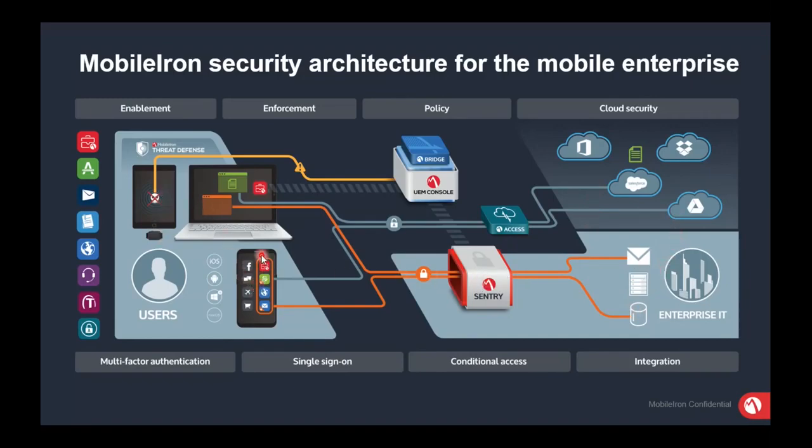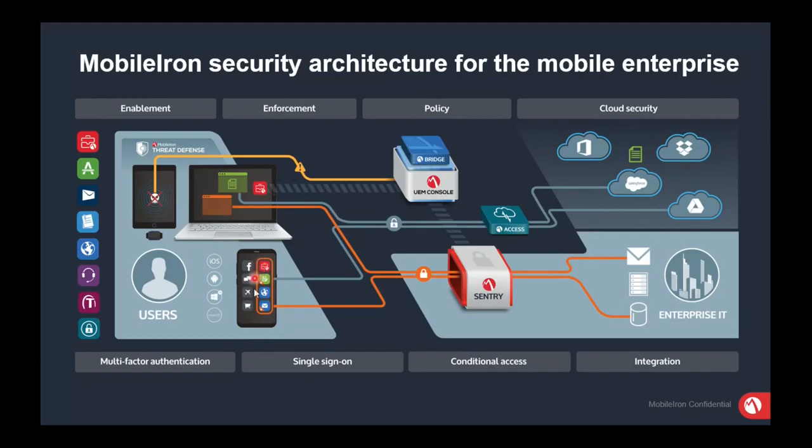If you notice this orange area, it's a logical secured container. When the user is onboarded using MobileIron, a logical container is created, and all apps pushed through MobileIron are placed inside the container. The main reason is that whatever happens inside the container stays inside the container.